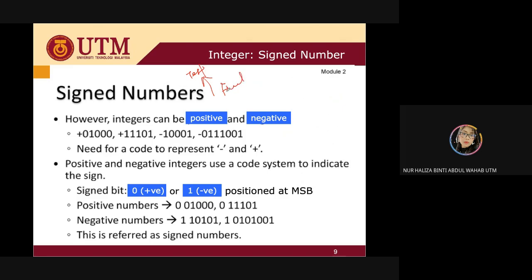Don't hesitate to contact me or any lecturer that you are comfortable with and ask them about the question, just to confirm, not to ask for the answer. Just confirm, is this a sign number, is the one in front a sign, or is it supposed to be magnitude here and this is sign. Just ask, because bertanya tak salah.